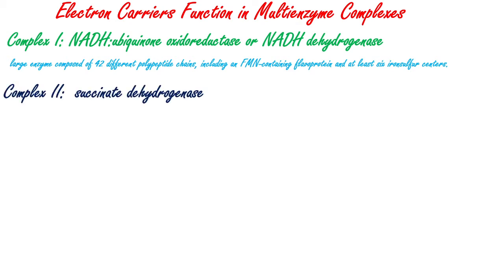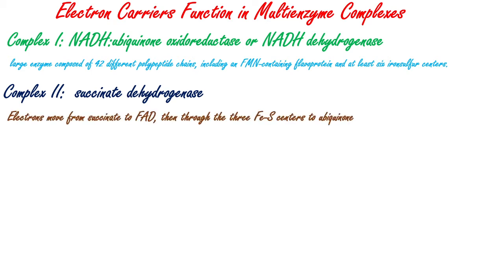Complex 2, also known as succinate dehydrogenase. In succinate dehydrogenase, electrons are moved to FAD. FAD has to transfer their electron to complex 2. Electrons move from succinate to FAD, then through 3 iron sulfur centers to ubiquinone.